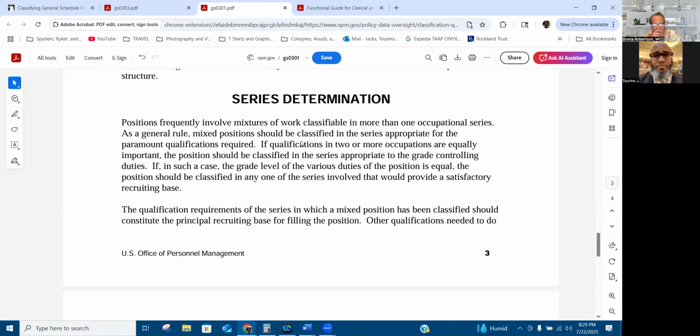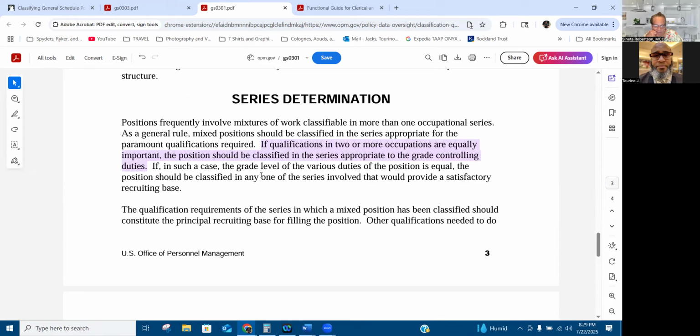If qualifications in two or more occupations are equally important, the position should be classified in a series appropriate to the grade controlling duty. So whichever grade level is higher is the one that's going to be prevalent.